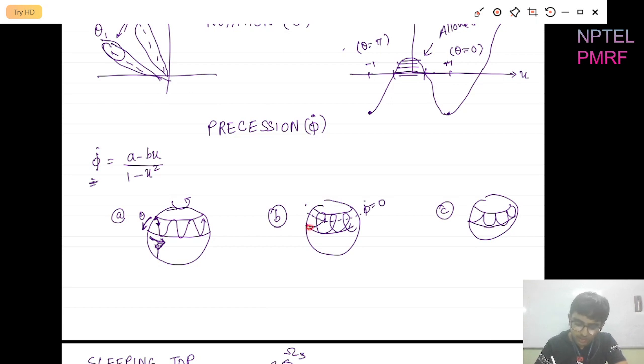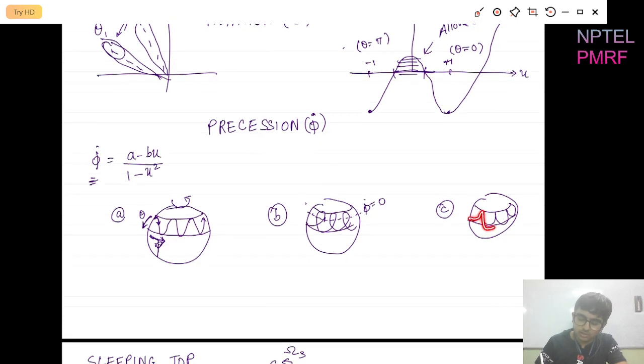When it becomes 0, it has this vertical component, and then it becomes negative, and then keeps on going. And when phi dot becomes 0 just at one of these theta boundaries, it just becomes vertical at the boundary, and then again keeps on doing this motion. So when we say it's moving along this path, it means the tip of the top or the axis is moving along this path.